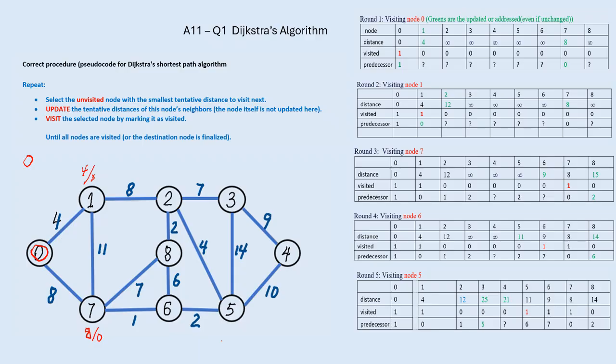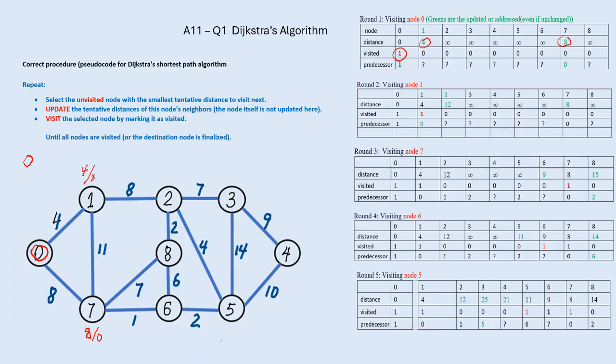Now, to record this result, I can put it in this table up here. For the visit, the updated ones I will put in green: update this one, 4 and 8. So in this table, 0 is still red, that's the visited, and the rest are updated. Note, I see many mistakes.